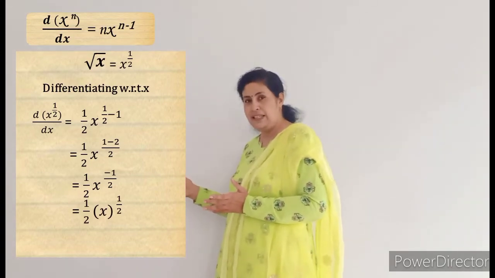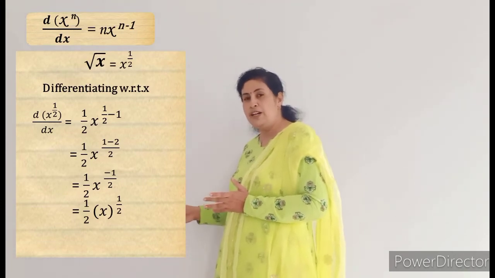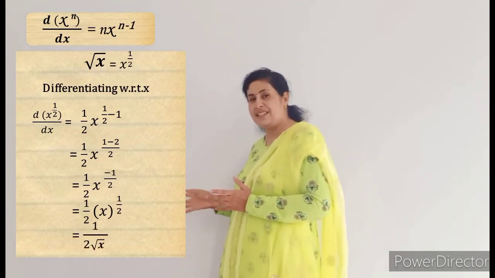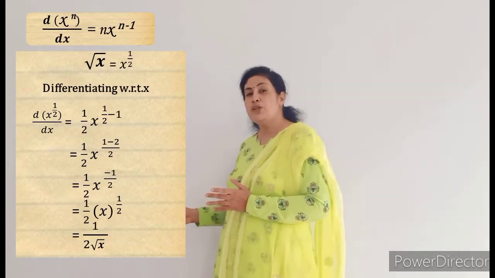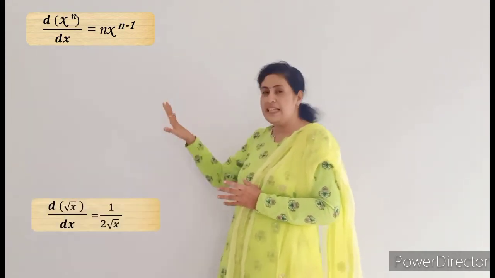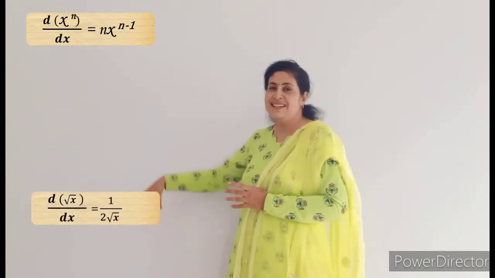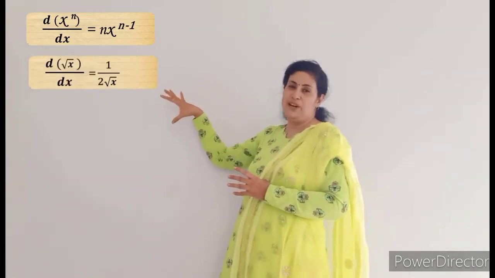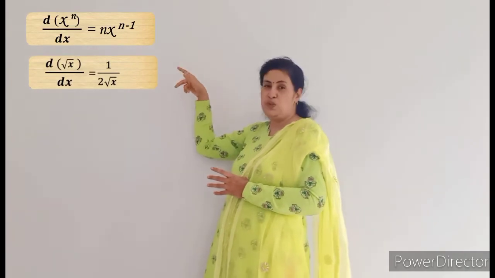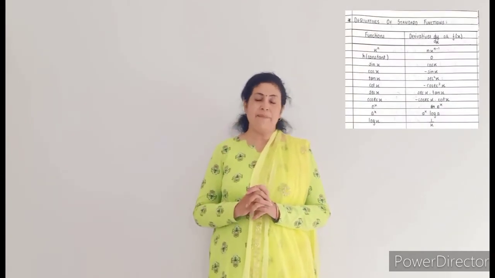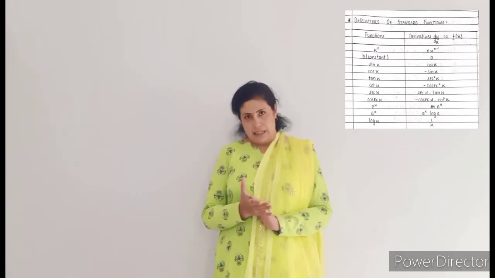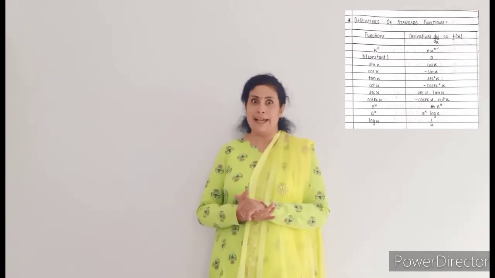If I multiply this, it will be 1 upon 2 root x. This is also one of the derivative formulas. You have to remember these two formulas. So the table you are going to remember. Now I'll tell you how to apply it.